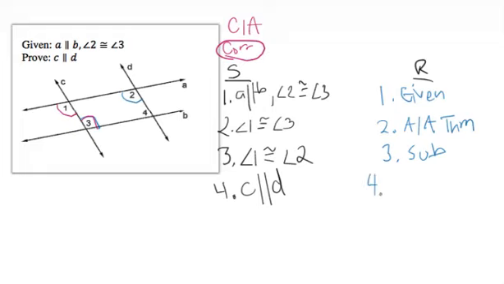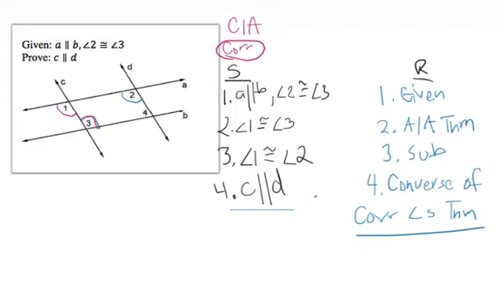So step 4 is the converse of the corresponding angles theorem. And there it is. We're all set. We're all done. This gives me my proof and my theorem, and why it is.